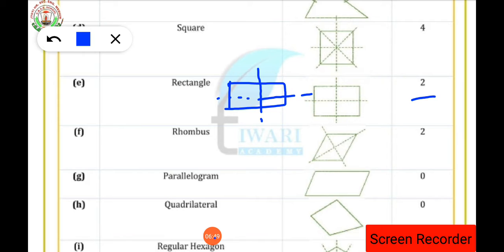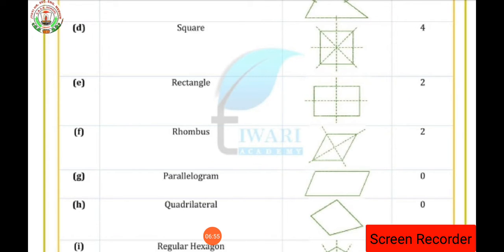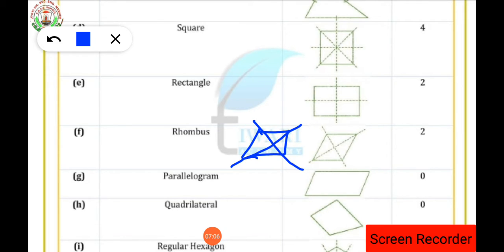Clear, students? Next, rhombus. As we know, a rhombus is a form of a square. When you draw a rhombus, it looks a little like a square, isn't it? So how many lines of symmetry are possible in a square? 4 lines of symmetry are possible in a square, but in a rhombus always 2 lines of symmetry are possible.